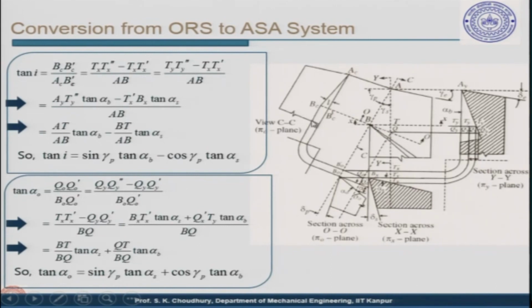Then we are projecting points and edges from one view to the other views, and geometrically relating them. So, we are finding the equation which will relate the angles of the two systems, that is easy.